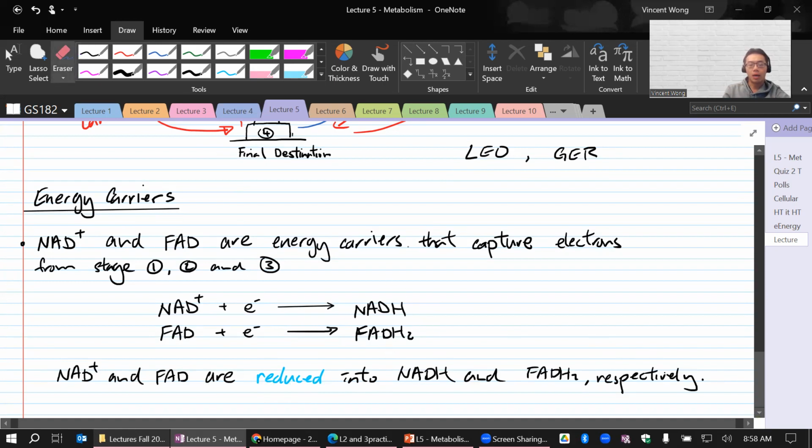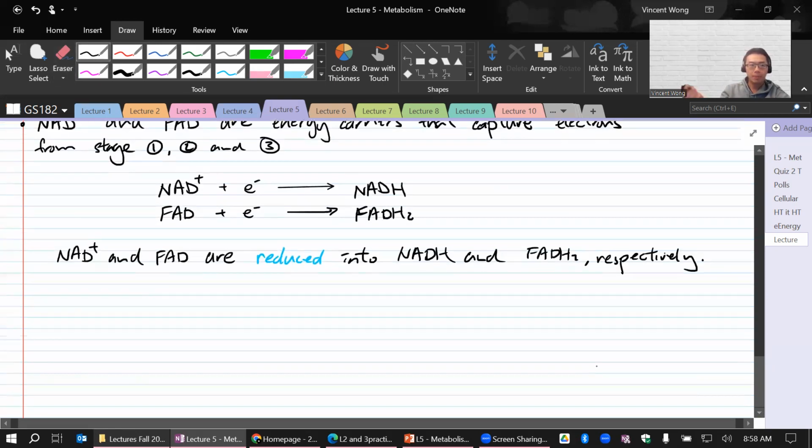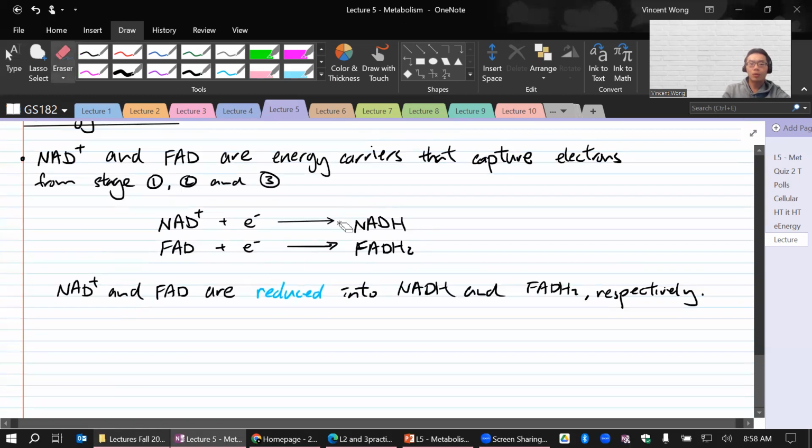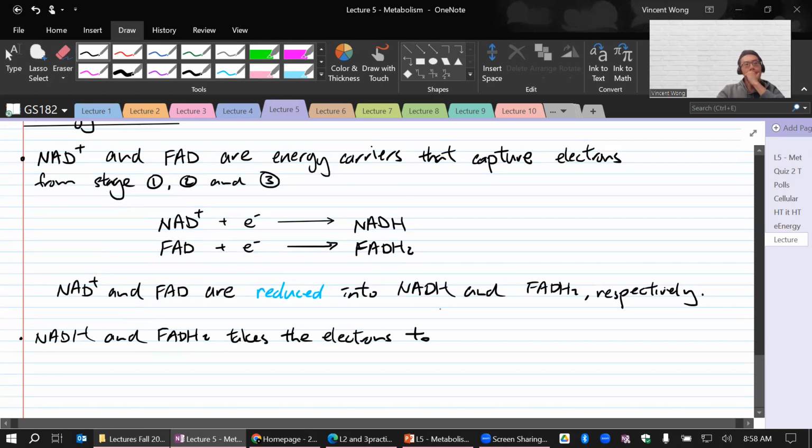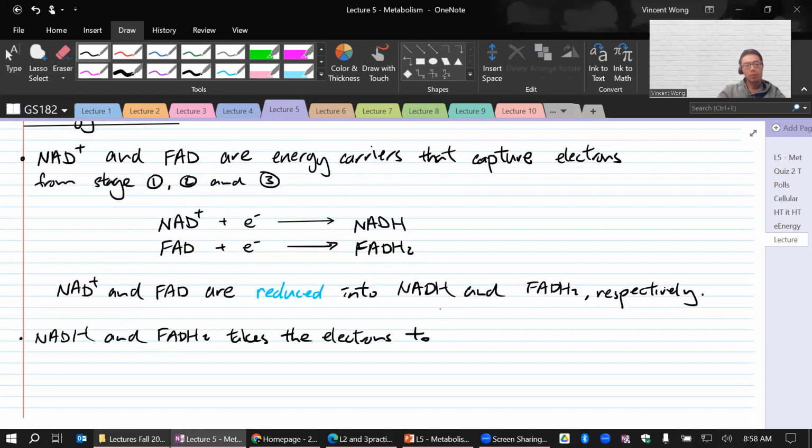All right, so help me out here. Where will this molecule go? NADH and FADH2 take the electrons to where? Where are we going to bring them?